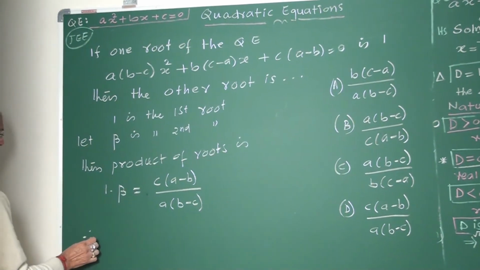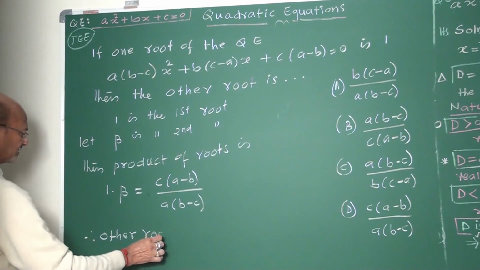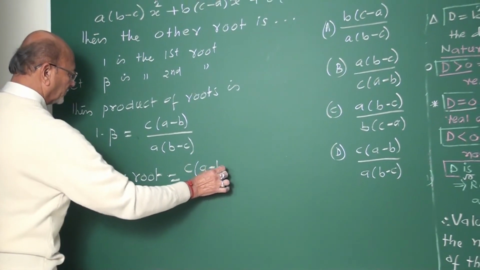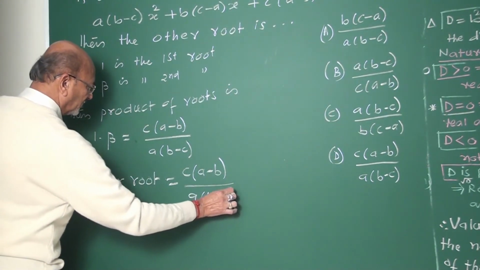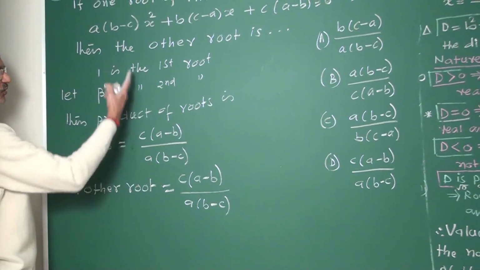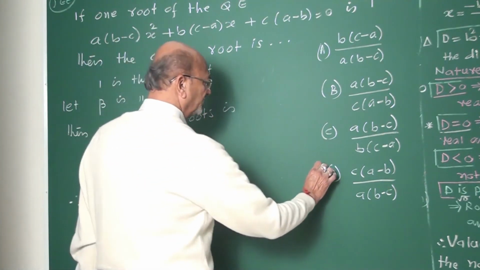Therefore, other root equal to c into a minus b upon a into b minus c. Which option is the correct answer? Option D is the answer. See, in one step you can get the answer.